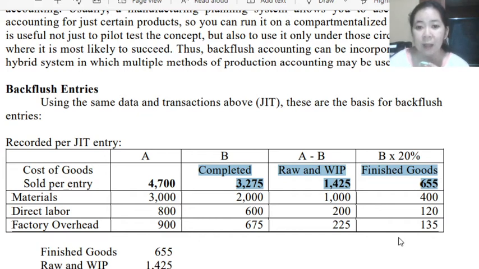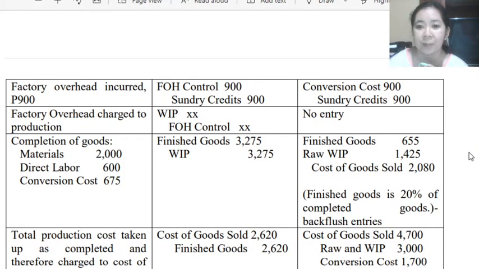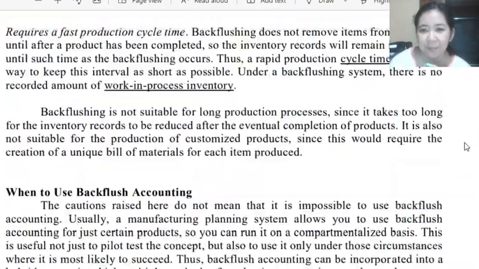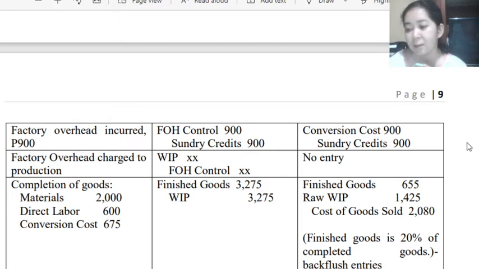So we debit raw and work in process 1,425, finished goods of 655, and credit cost of goods sold. Wait, 655 plus 1,425 is 2,080, sorry.